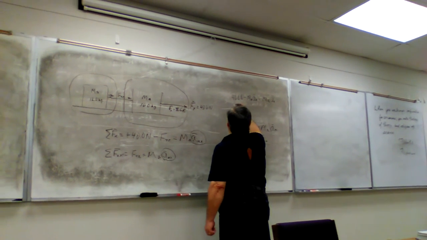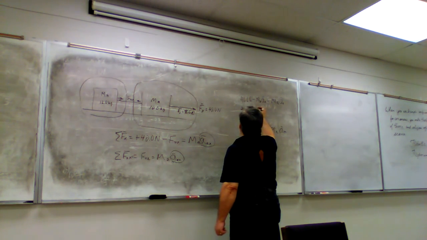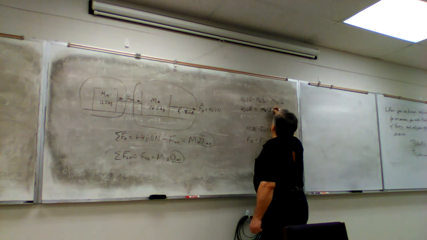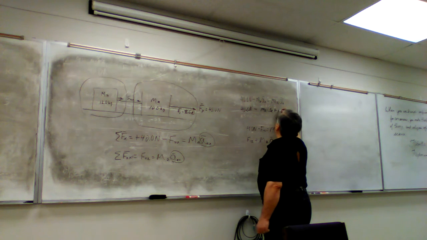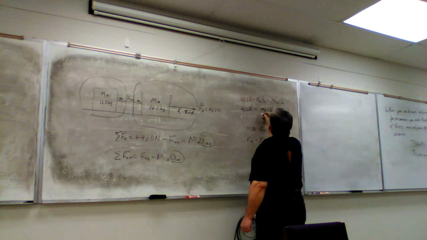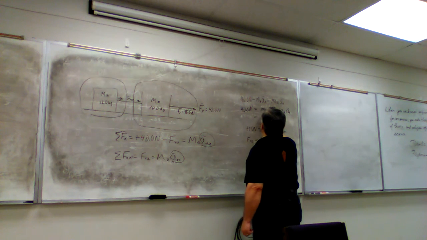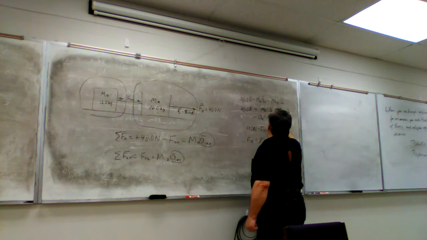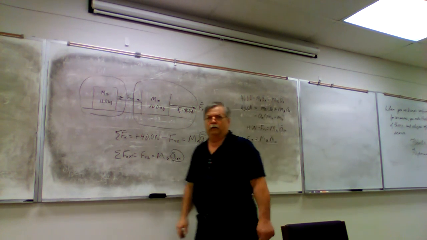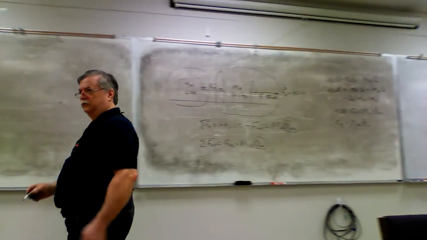What do we have? 40.0 newtons equals mA times the acceleration of x plus mB times the acceleration of x. We factor out the acceleration of x, and we end up with mass A plus mass B, which, if you'll recall, is what I told you would happen.